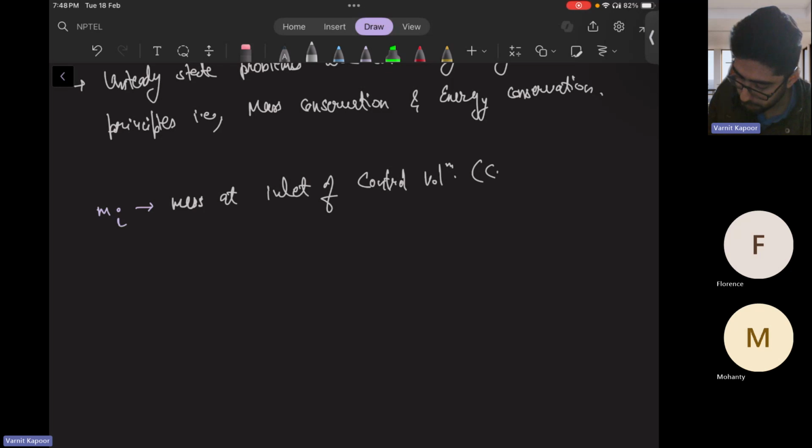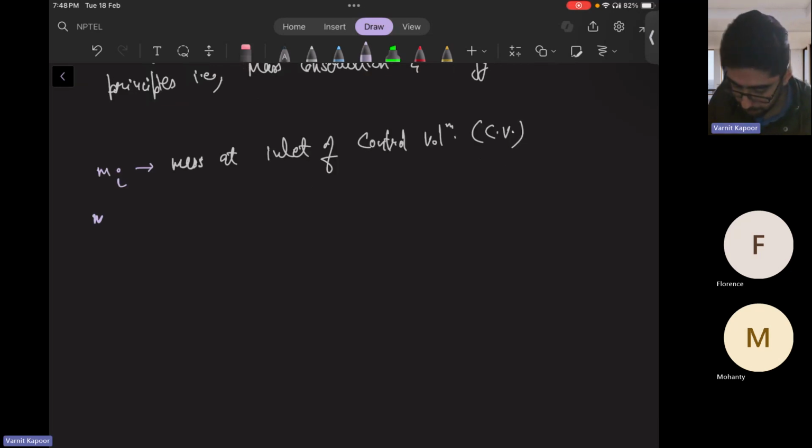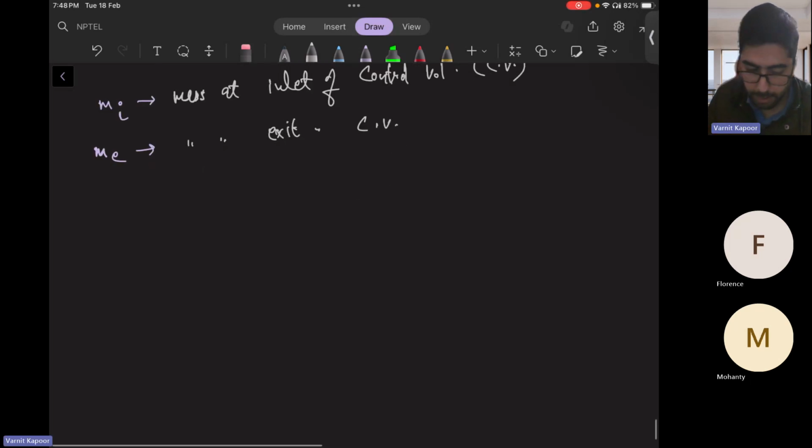So I'll write control volume as CV. Then mass Me is nothing but mass at exit of control volume. Then mass M1 is also there.